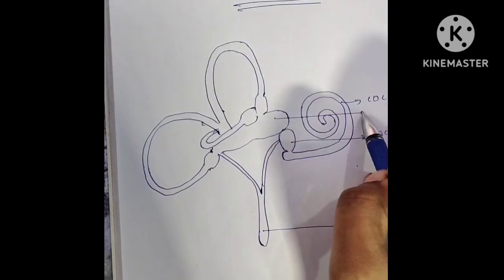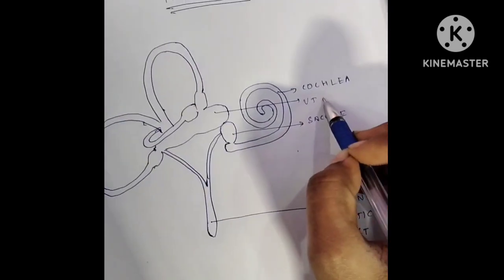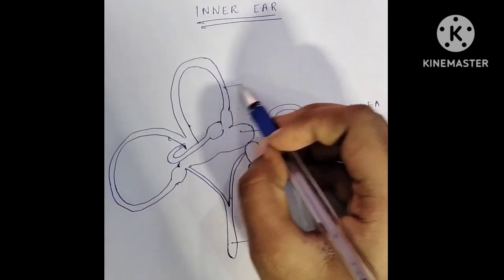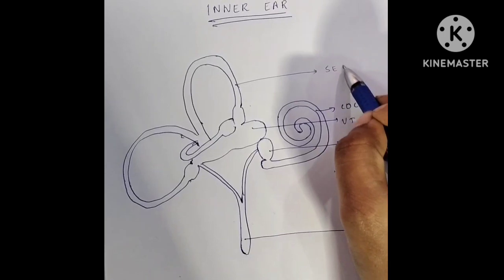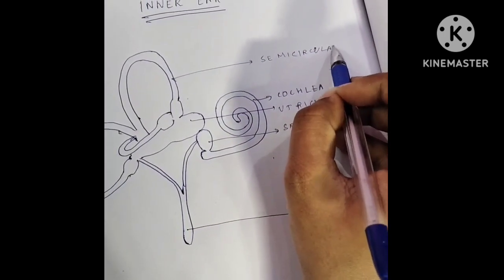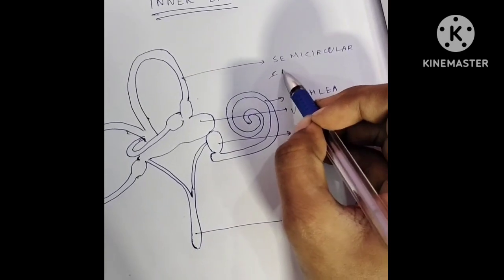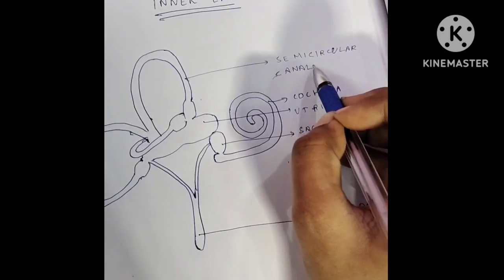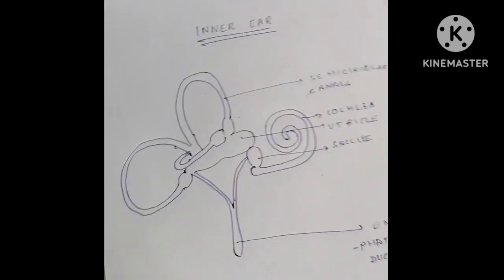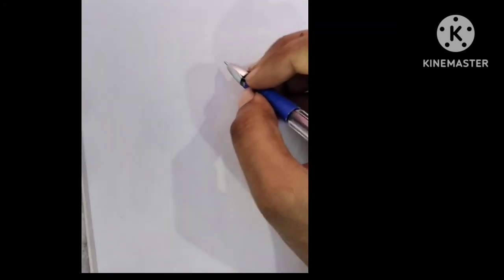Then this is utricle. These are the semicircular canals. One, two, and 3. Now let's go into the anatomy of the cochlea.